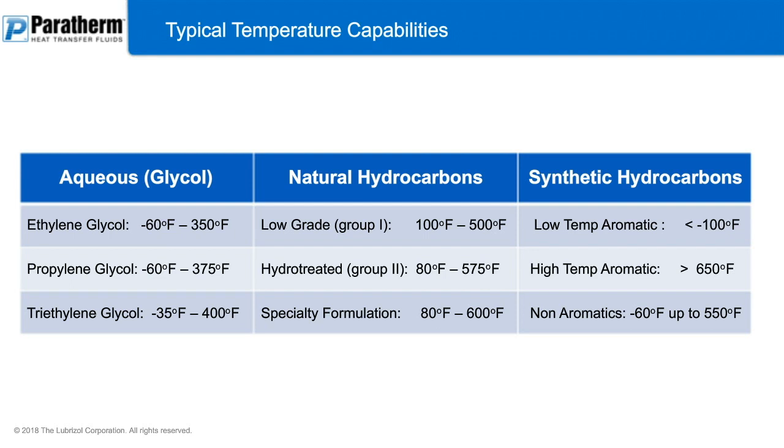High-temp aromatics give you capability well above 650 in some areas, but that range between 600 and 650 is a popular temperature range, so that's where you need to start considering these aromatic-based fluids. There's also a non-aromatic classification of synthetic hydrocarbons that will give you some mid-range temperature capabilities. Those are a specialized area that we'll look at as well.